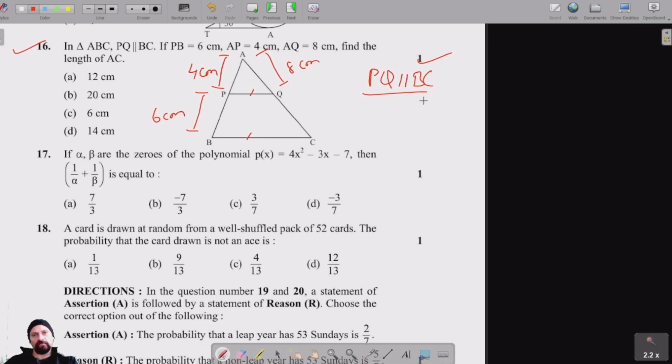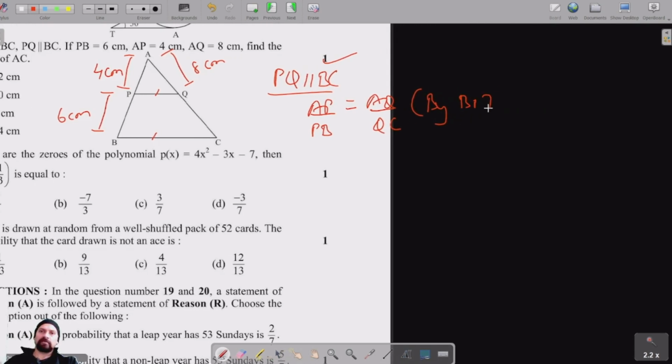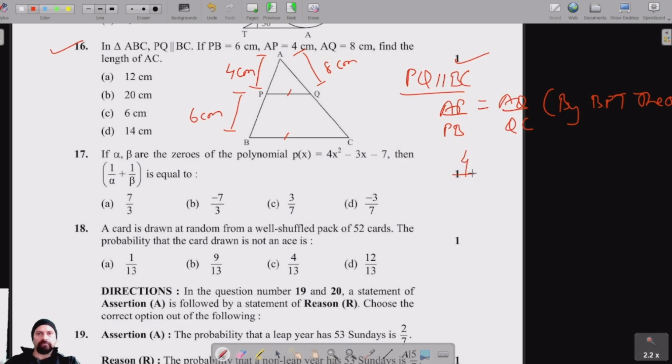Now PQ is parallel to BC, that means AP by PB is equal to AQ by QC by the BPT theorem. Now AP is 4, PB is 6, AQ is 8, and QC is unknown.